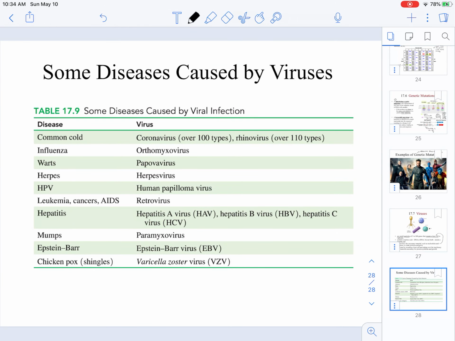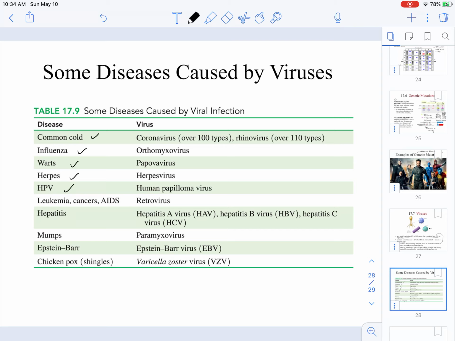So viruses are something that is affecting the world at this moment. And as we know, the coronavirus is infecting and killing many populations around the world. But that is not the only virus that we're exposed to. As you can see, things from the common cold, influenza, warts, herpes, human papillomavirus, all of them are actually caused by viral infections.